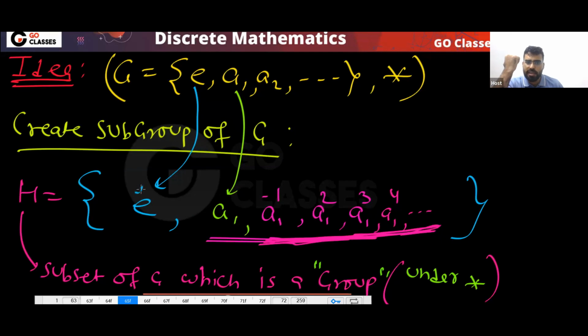So you should take the identity element, and if you take A1, then you should take all these elements.